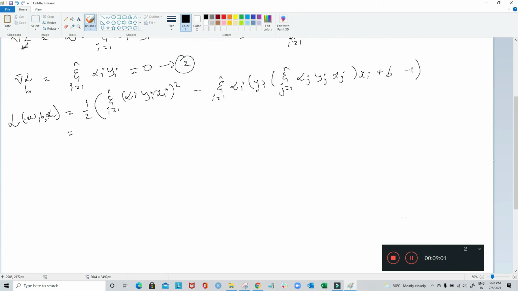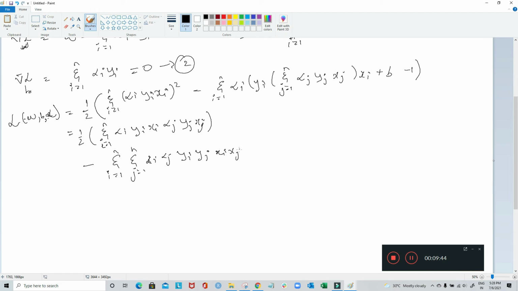Now we can expand this equation further. Half of summation i equals 1 to n, and it's alpha i yi xi alpha j yj xj, minus, now inside part we can multiply, and this becomes i equals 1 to n, summation j equals 1 to n alpha i alpha j yi yj xi xj.